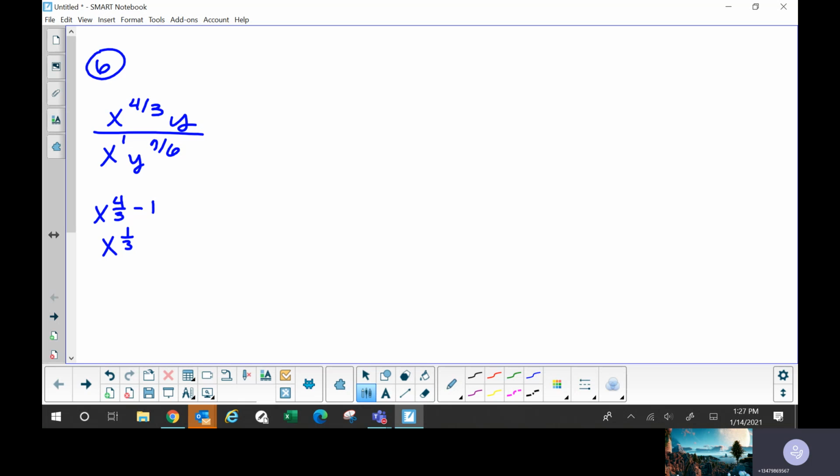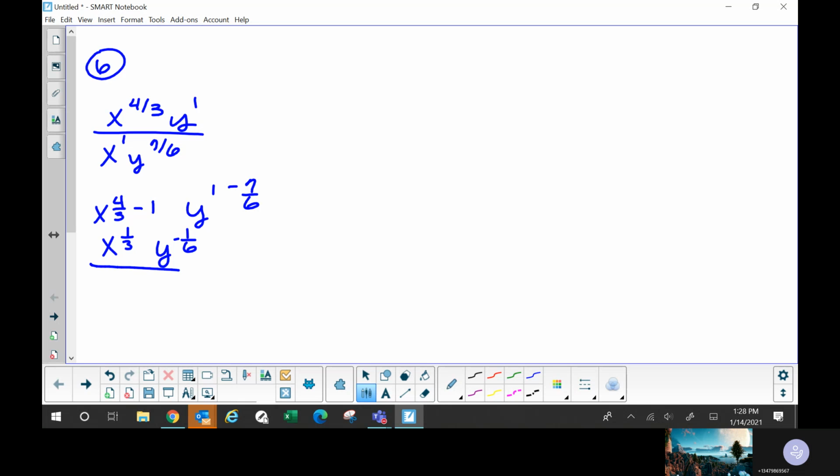All right. Then you're going to do the same thing for the y. It's going to be y to the 1 power, 1 minus 7/6. 1 minus 7/6 gives you y to the negative 1/6 power. And remember, whenever you have a negative exponent, you have to move that.